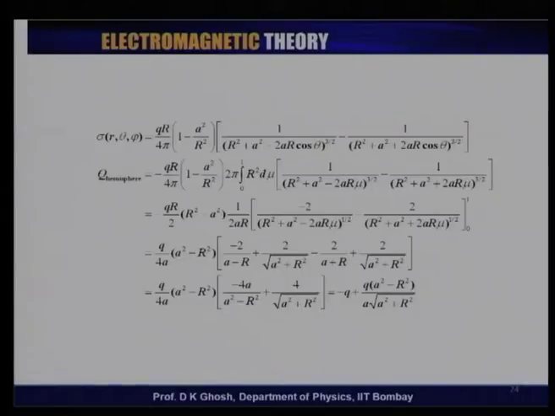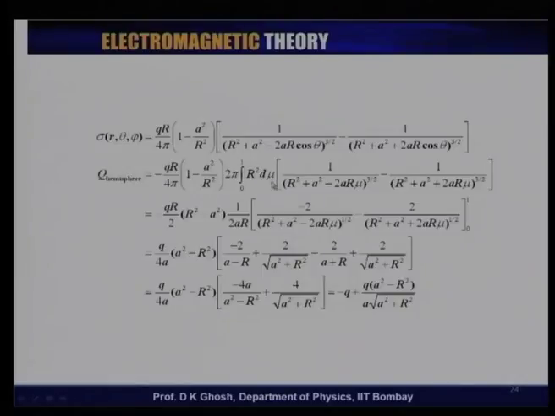So, if you now want to find out how much is the total charge on the hemisphere, all that you need to do is to take this expression and integrate it over the surface of the sphere. This is actually fairly straightforward. Most of these are constant. There is no phi dependence, so I get a 2 pi as an angle, and r square sin theta d theta.